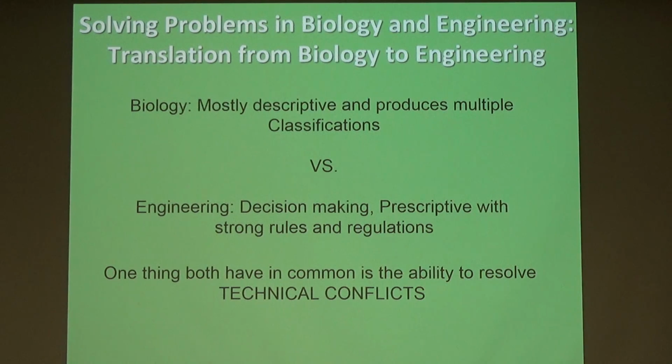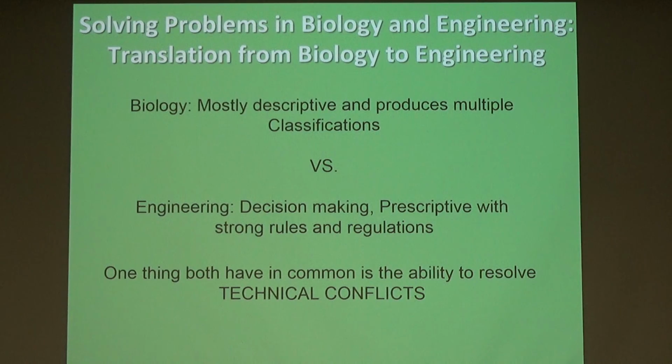Another problem with that translation process, if we're going to look at it in a more scientific way, is that solving problems in biology, in nature, is very different to the way problems are solved in engineering. These are two different kinds of approaches or mindsets, if you will.